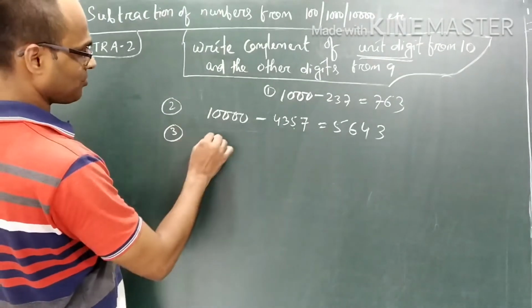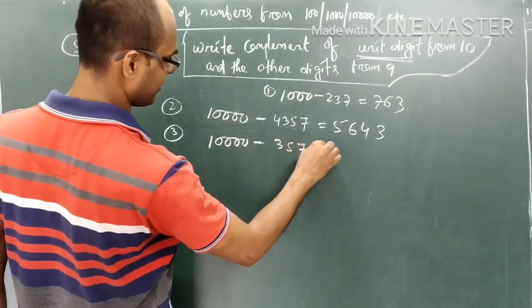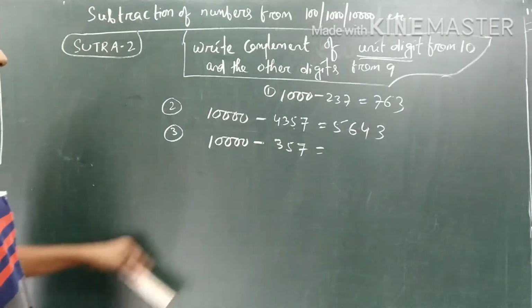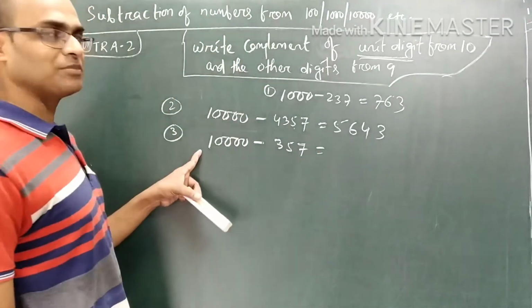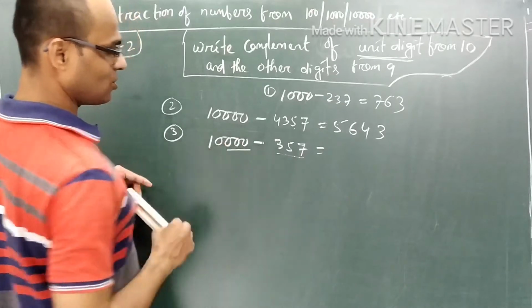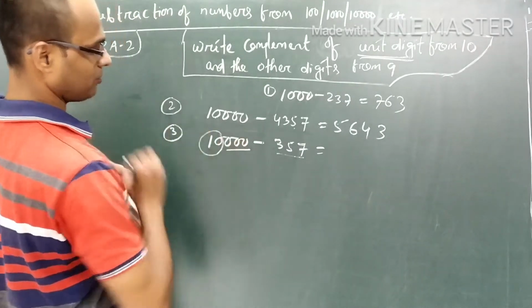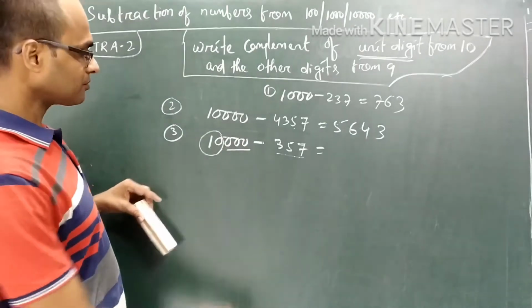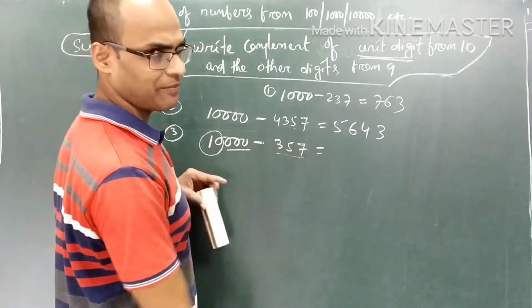Now suppose 10,000 minus 357 is here. Here we have 4 zeros and here we have 3 digits, so some things will be taken care of. From 10,000 we are subtracting 357.